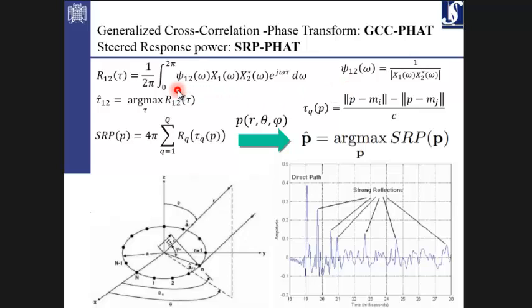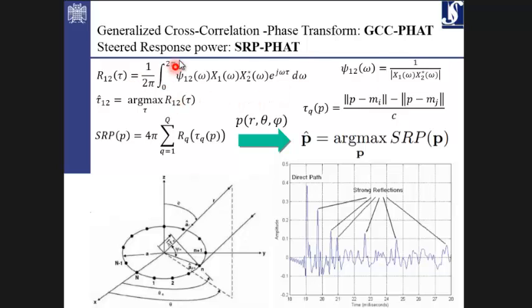That's the weighting in order to unify the cross-correlation response with respect to different frequencies. We know that propagation for different frequencies is not the same; different frequencies have different ways of propagation. That's why we use a weighting function in order to make it unified for all the frequencies.